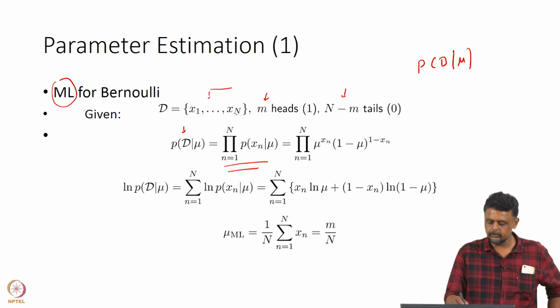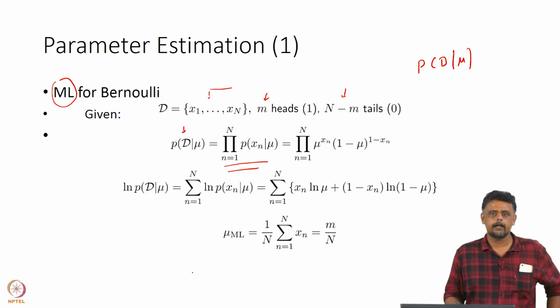Since you are doing capital N coin tosses, for each coin toss, what is the probability of observing the head? That is the probability of x given mu, and since there are capital N coin tosses, you just multiply all of them, that is what gives this product. Then instead of probability of x given mu, we substitute the expression which we saw for the probability mass function of the Bernoulli distribution.